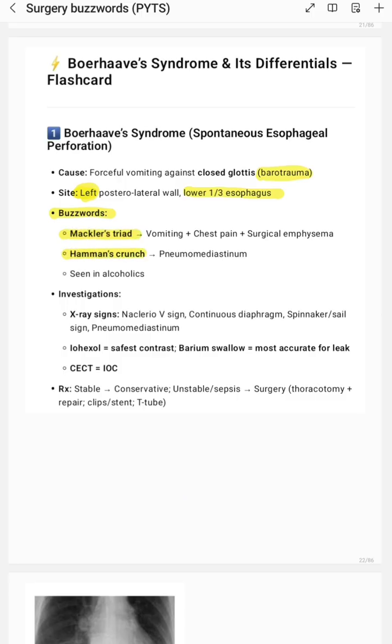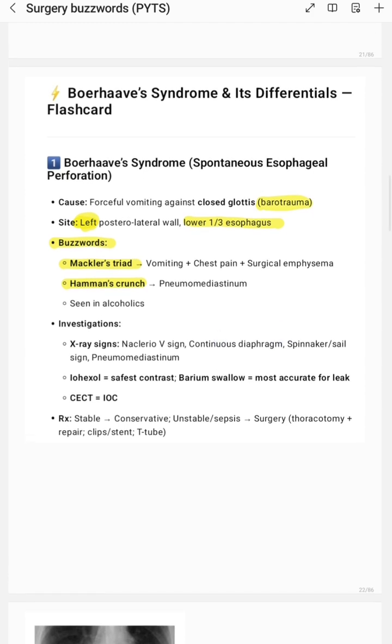So how to remember Mackler's triad? One thing we have to remember is that there is perforation. B for Boerhaave, B for bore. There is a big problem.